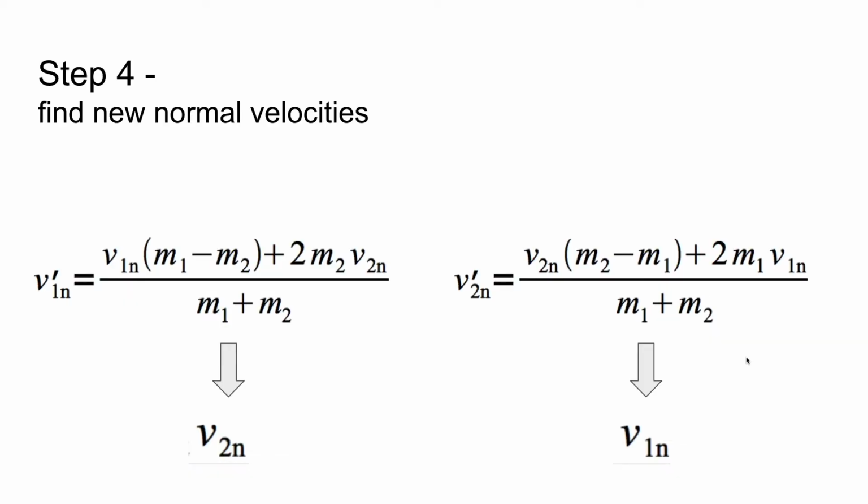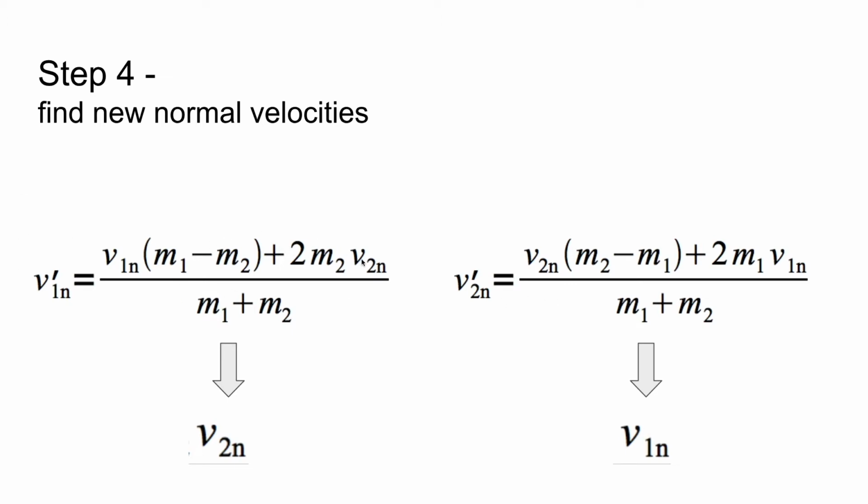Step 4. Find new normal velocities. We want to find the normal velocities after the collision, and for that we can use the formula for elastic collisions in one dimension. And because both of our objects have the same mass, what we get here is rather simple.